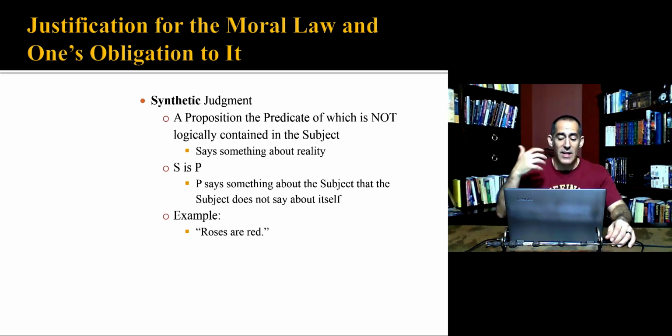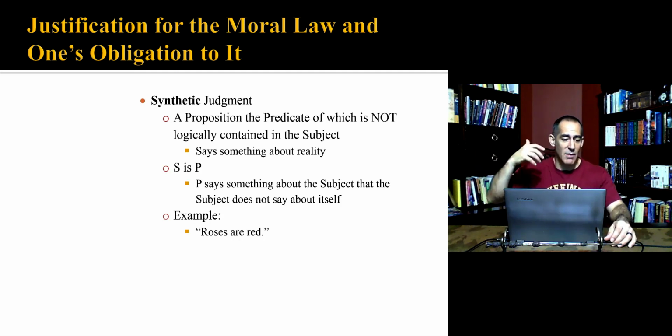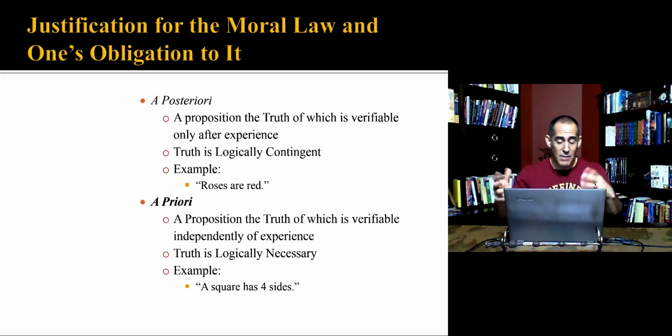So it seems like synthetic statements we can verify after experience. We could say maybe synthetic statements are verified a posteriori. But Kant is talking about synthetic a priori judgments. So we're going to have to expand a little bit, because maybe I'm using these terms without you understanding how I'm using them or what I mean by them, so it's worth showing you. A posteriori, remember, means after experience.